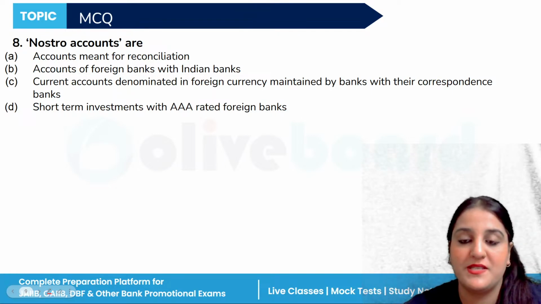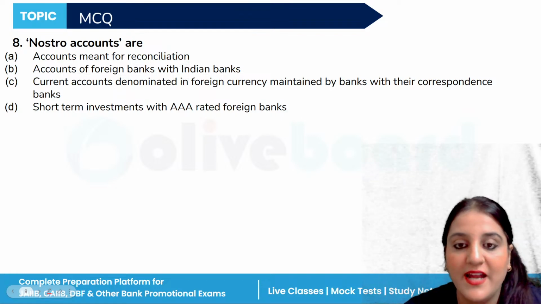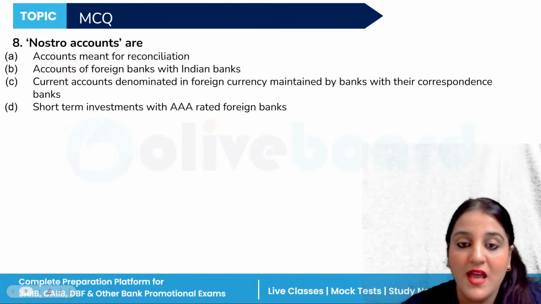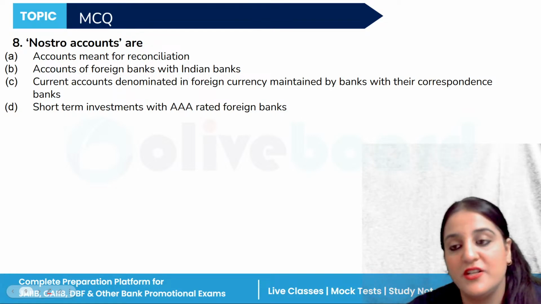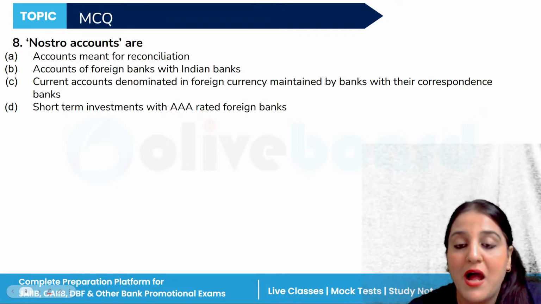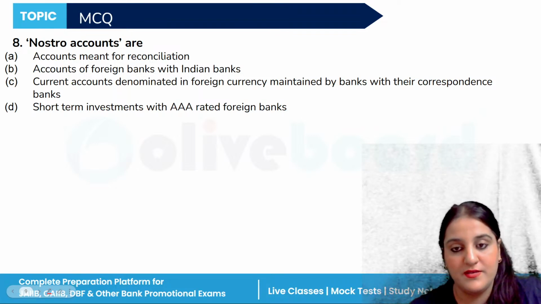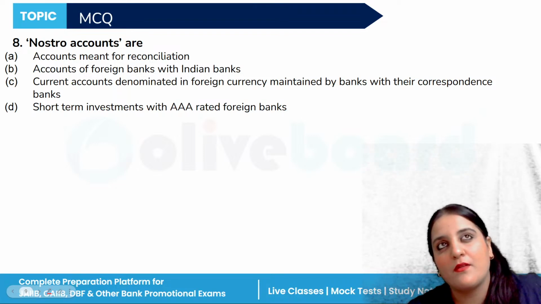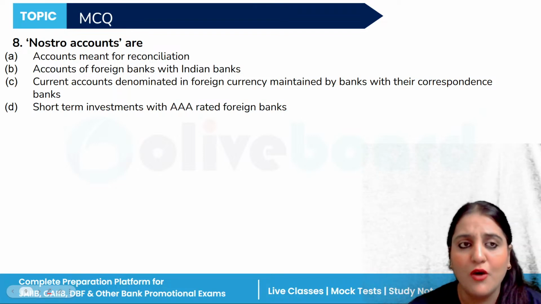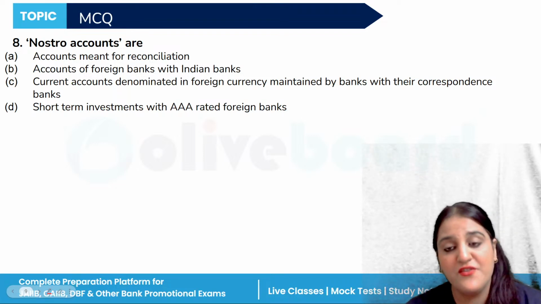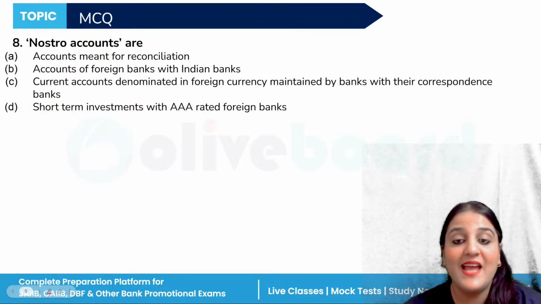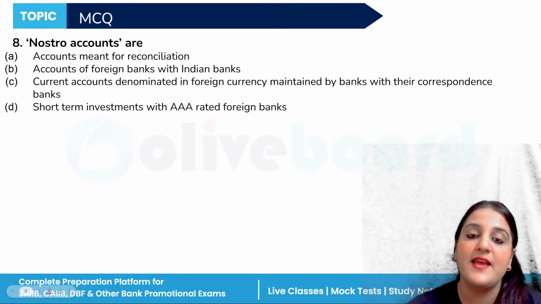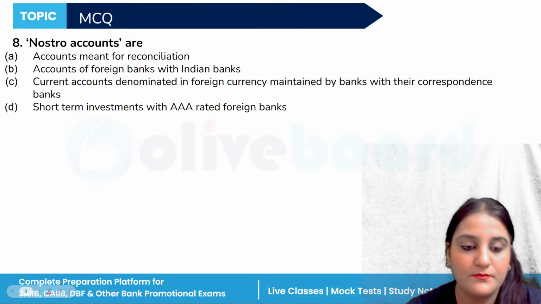These accounts basically facilitate international transactions and foreign exchange dealings, which allows banks to manage their foreign currency liquidity more effectively. Example: if an Indian bank has an account in US dollars with a US bank, that account is referred to as a nostro account.